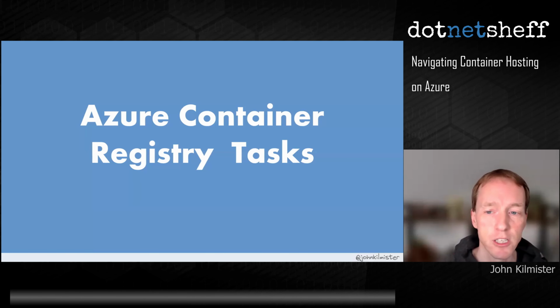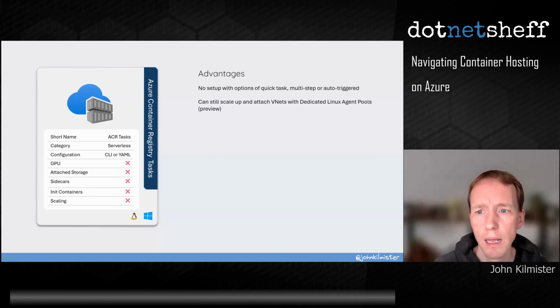But it has this feature called tasks. And what that allows you to do is run scheduled jobs, and those scheduled jobs can be inside a container. So there's no setup of these. We'll have a look in a minute how we actually run them. But as long as your container is in the container registry, you can execute it under a task.